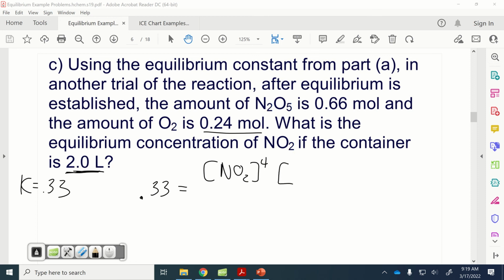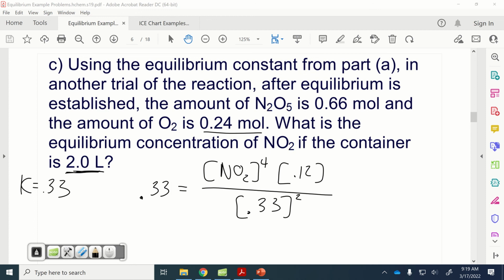Then I would do 0.24 divided by 2. The molarity is 0.24 divided by 2, which would be 0.12. So you can't plug in 0.24, it's 0.12, and this would be 0.33 squared.